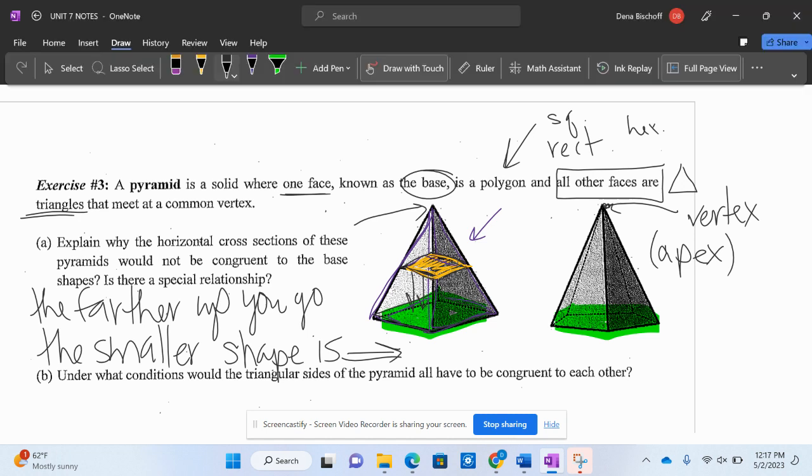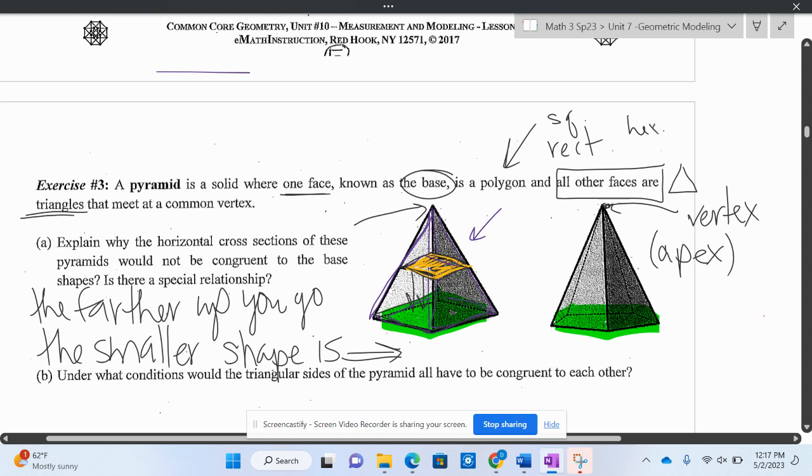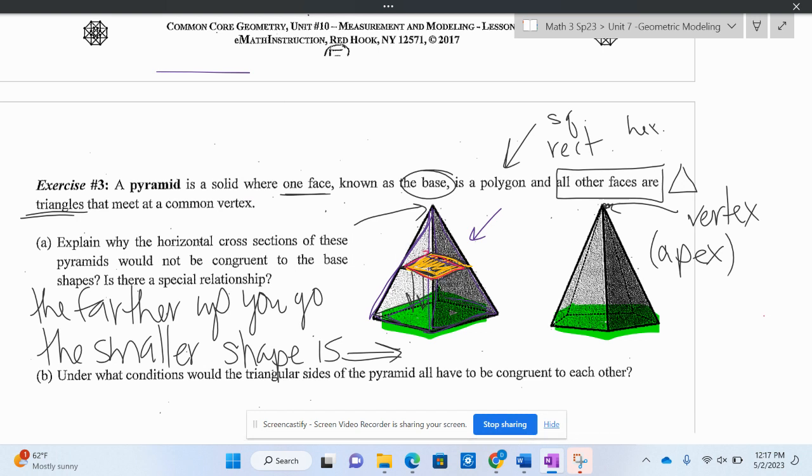They're not congruent to each other, but they're what? I want to compare these two shapes. They're not congruent, but they are similar.